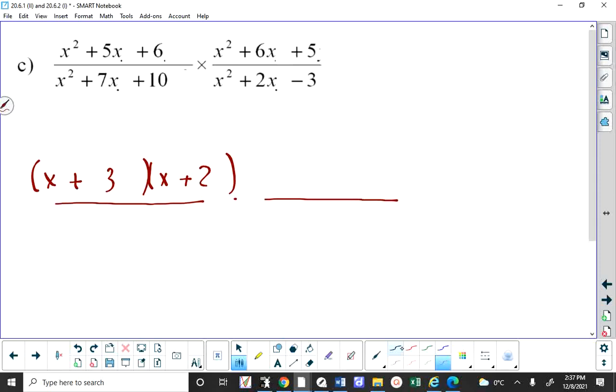So this is 4 tasks. What 2 numbers multiply to give 6 and add to give 5? What 2 numbers multiply to give 10 and add to give 7?